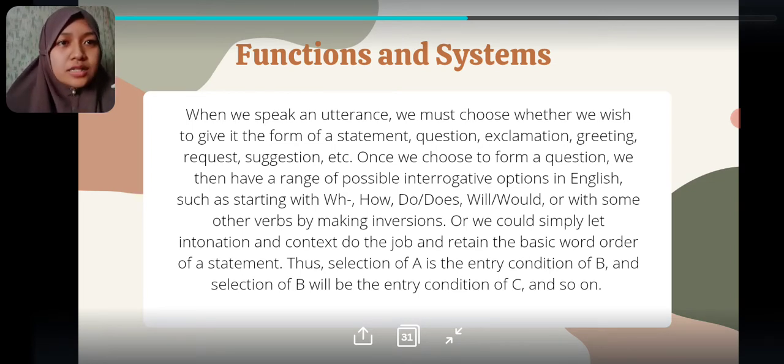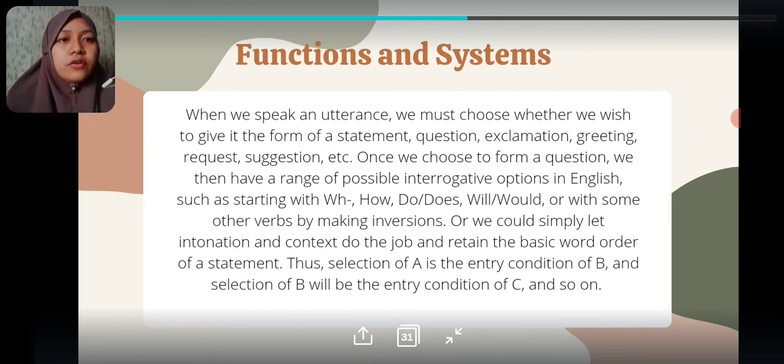Once we choose to form a question, we then have a range of possible interrogative options in English, such as starting with what, how, do, does, will, would, or with some other verb by making inversions. Or we could simply let intonation and context do the job and retain the basic word order of a statement.